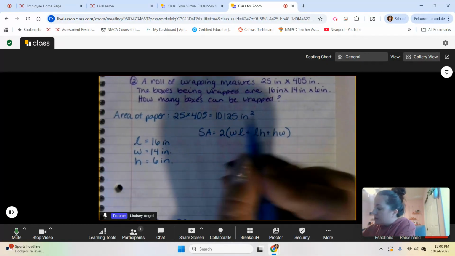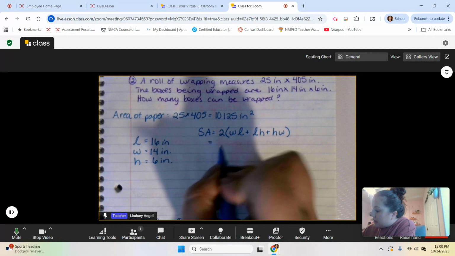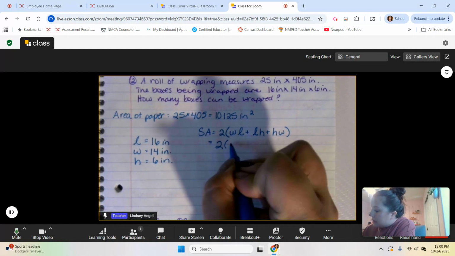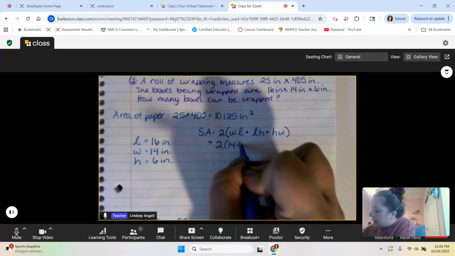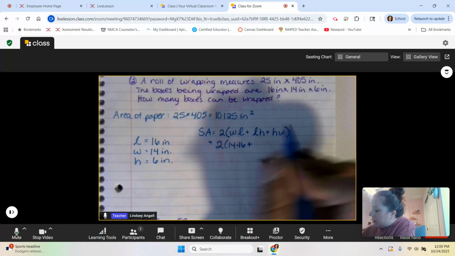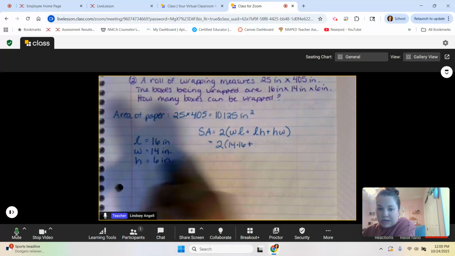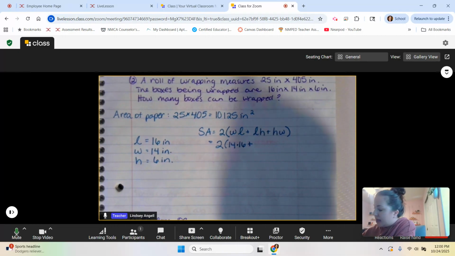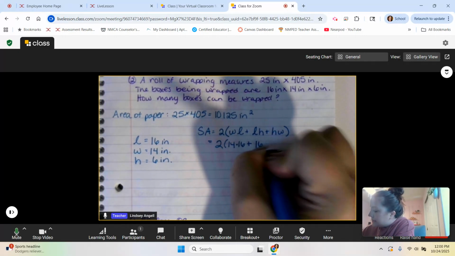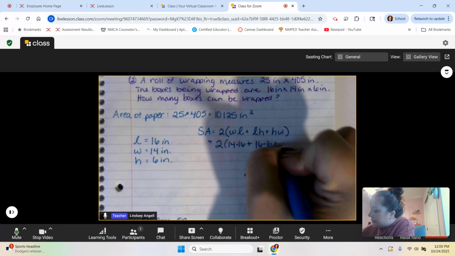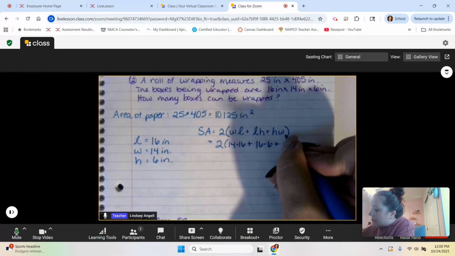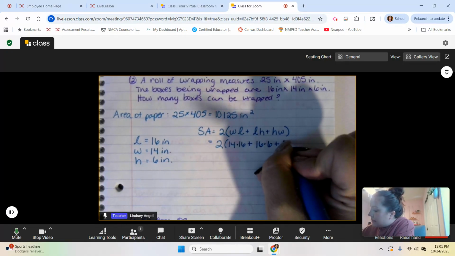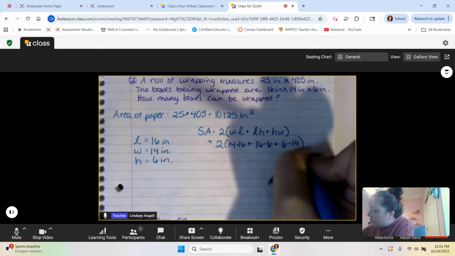All right, so let's go ahead and plug everything in here. So we've got 2 times 14 times 16, right? I'm taking these numbers and putting them into my formula. Plus length times height, so that would be 16 times 6, plus the height times the width, so that is 6 times 14.